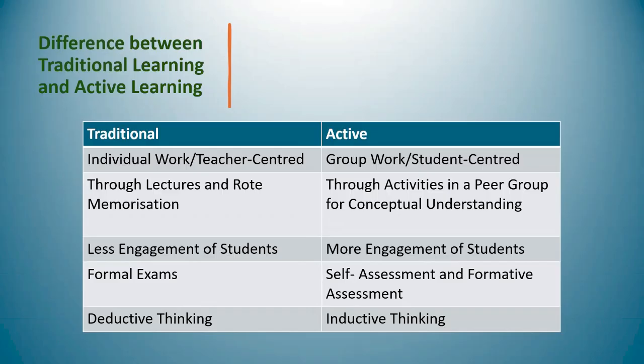It is a top-down process, means here we go from general observations to specific conclusions. And this is called deductive thinking. Once again, I want to tell you, it is a top-down process where we move from general observations to specific conclusions.